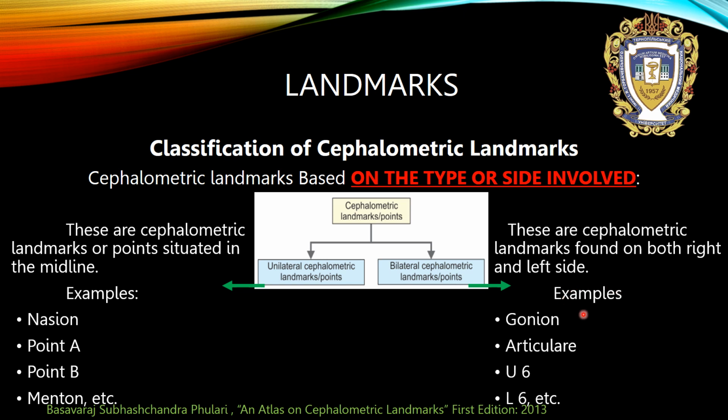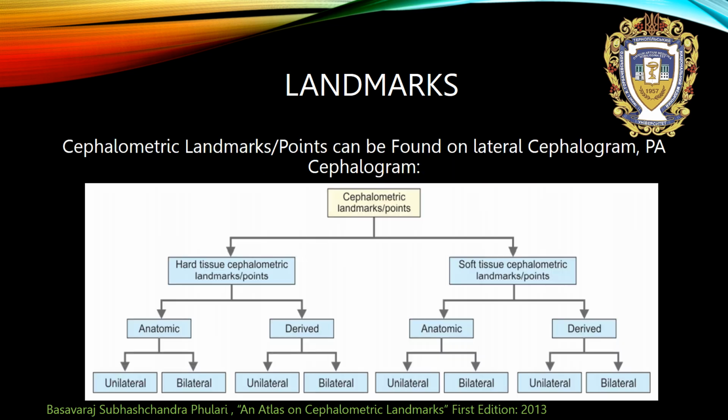Examples of these landmarks are gonium, articulare, upper 6, lower 6, etc. And they are shown in a full scheme of classification of cephalometric landmarks and points.